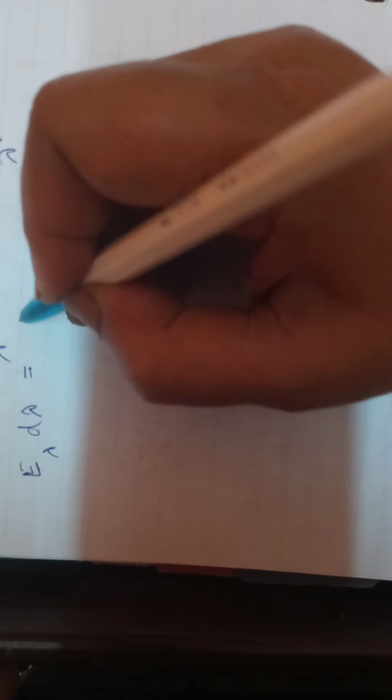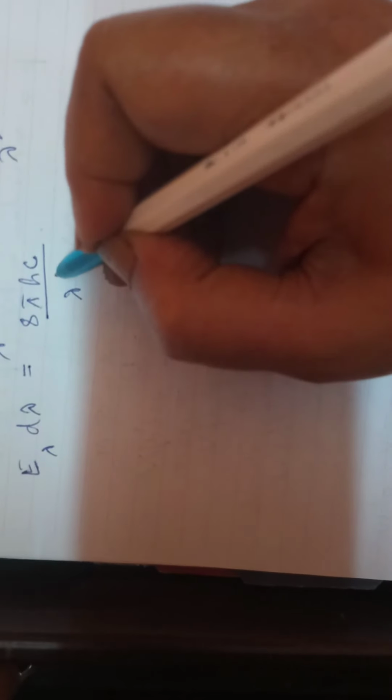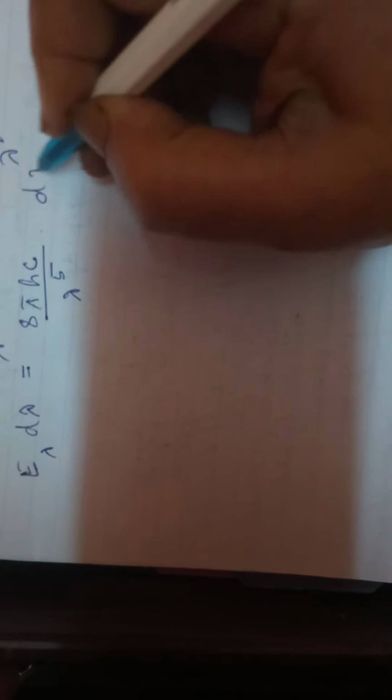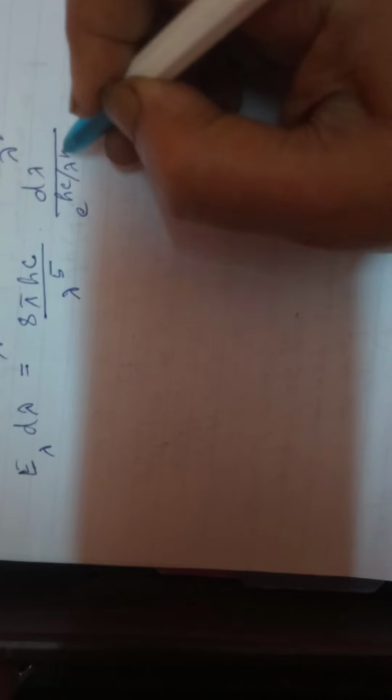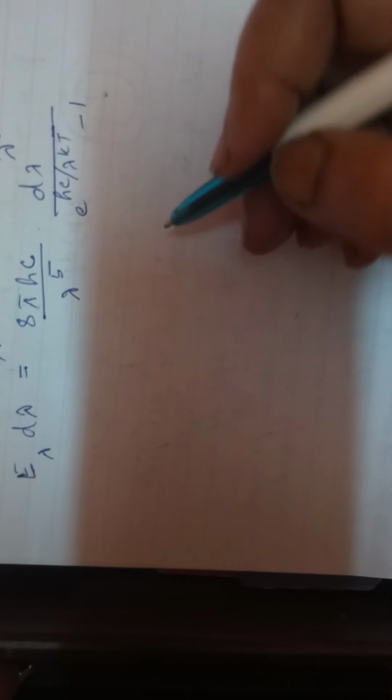In that case you can show that E lambda d lambda, in terms of lambda, is equal to 8 pi hc by lambda to the power 5 d lambda divided by e to the power hc by lambda kT minus 1. The same expression that you did for Planck's radiation law. So this we obtain absolutely from the concept of statistical physics. And you can also obtain the Stefan-Boltzmann law and Wien's displacement law from here.